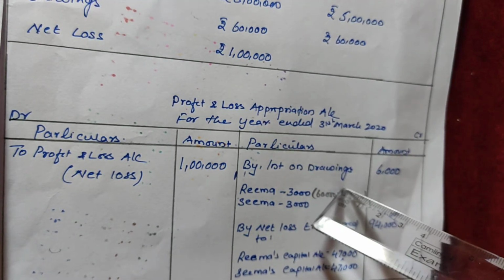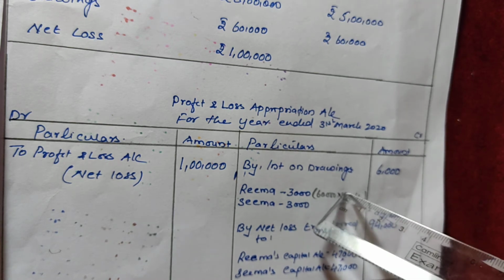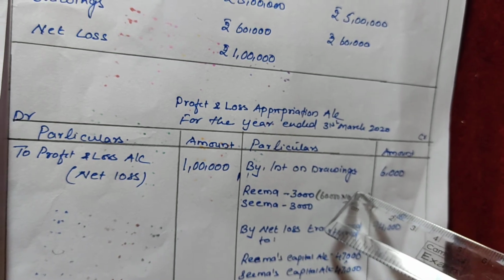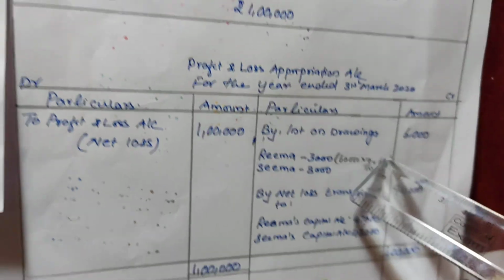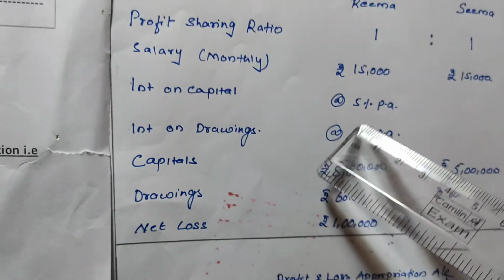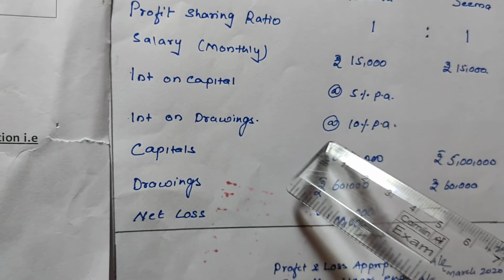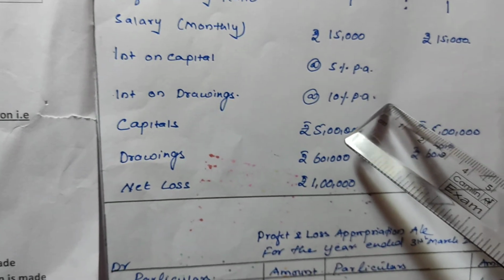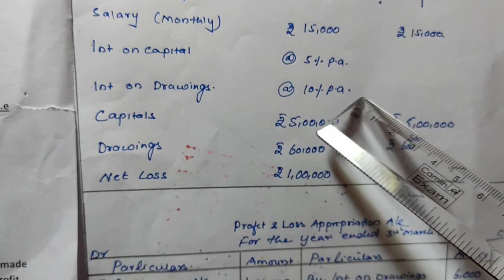Here one more adjustment regarding the interest on drawings. Interest on drawings is 10% per annum. No date is mentioned when they are withdrawing the amount from the firm.